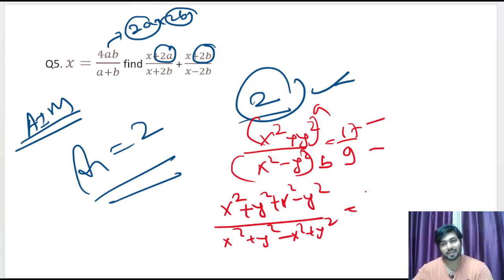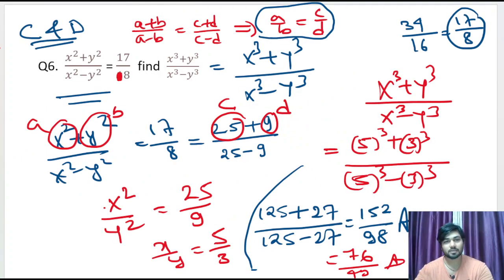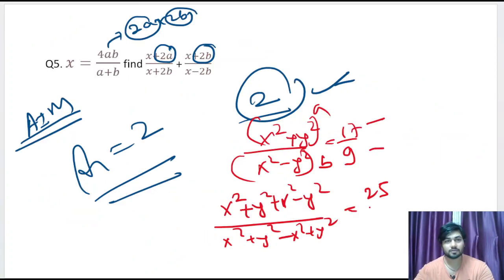So 17 plus 9 is 25, and 17 minus 9 is, is it 9 or 8? 8. Sorry, it is 8 here, not 9. So 17 minus 8 will be 9.